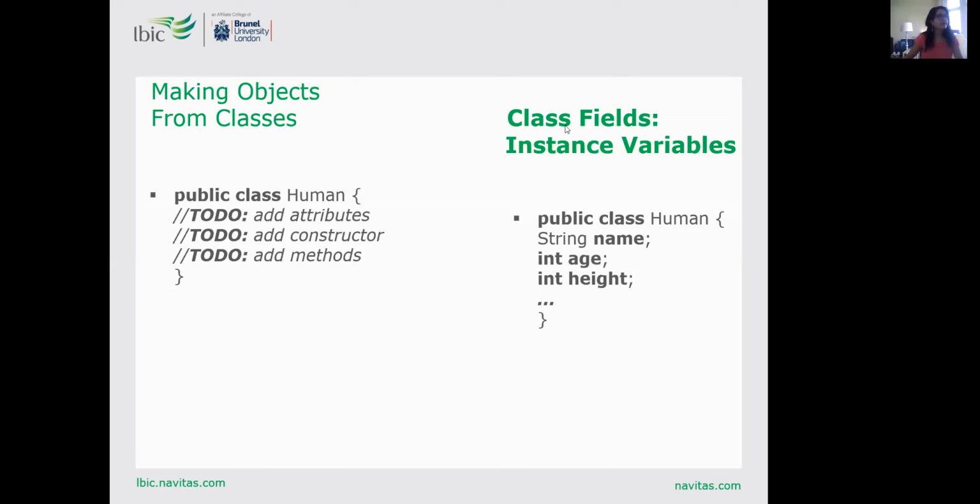Let's look at the class fields or instance variables. These fields will hold information about every instance of our Human class, but they do not yet have the information because the class is simply a template.